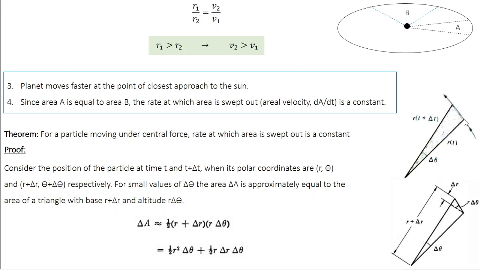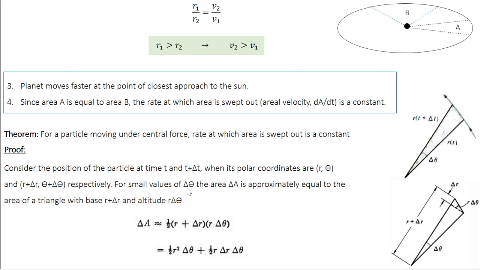So at this point, the coordinates of the particle are r and theta. And after a time delta t, the particle has moved to a new position where the polar coordinates are r plus delta r, theta plus delta theta. So basically this angular distance is going to be delta theta. This is r of t, this is r of t plus delta t.